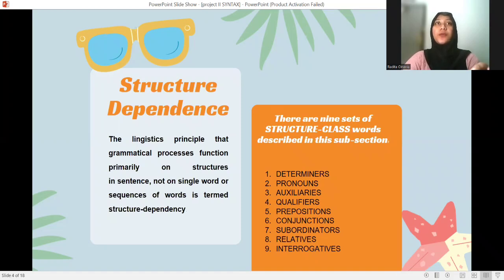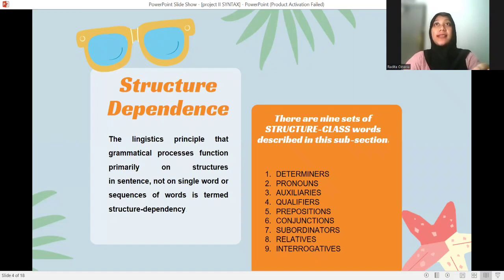Not only a single word or sequences of words is termed structure dependency. So, structure dependency could not be acquired by children from hearing sentences of the language, whether it imposes itself on whatever language they encounter. Just as in a sense the pitch range of the human ear restricts the sounds we can hear.